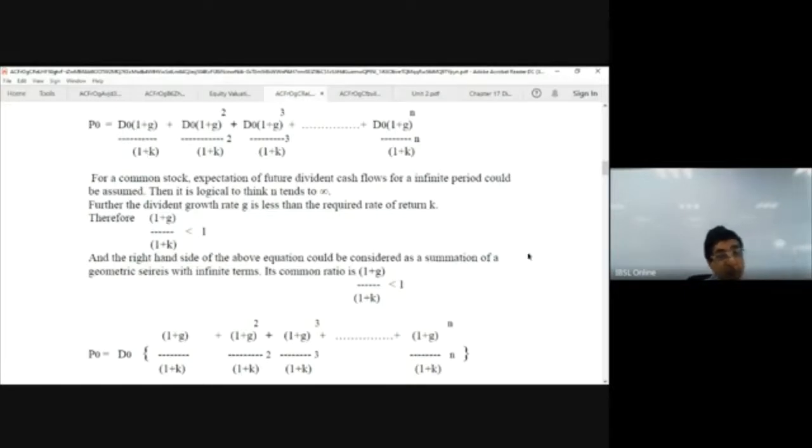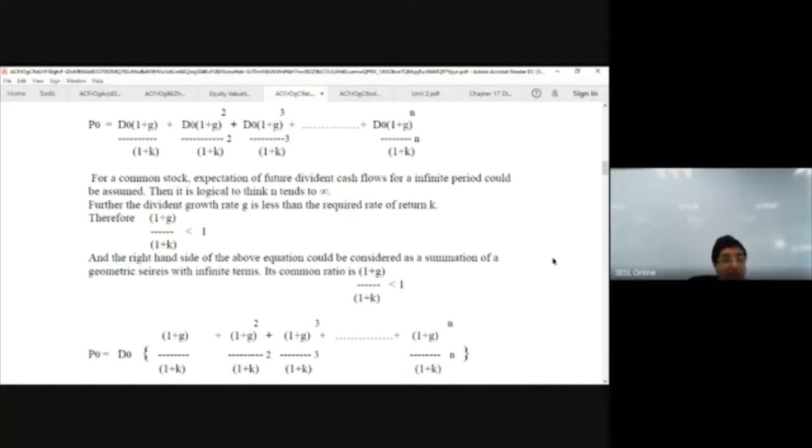It is a very simple phenomenon. Say the dividend is 10 per stock, and the growth rate is, say, 25%. What will happen? In the next year, you will get 10 plus 25% of 10. 25% of 10 is 2.5, so the next year's dividend would be 10 plus 2.5, that is 12.5.